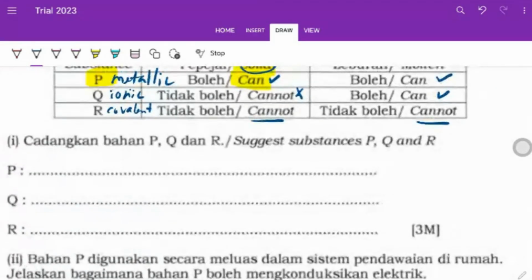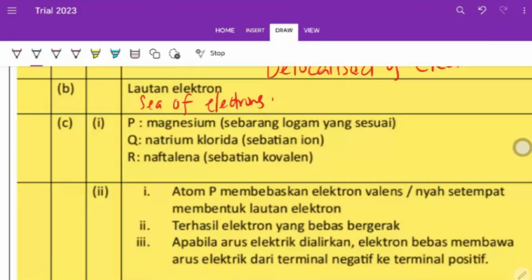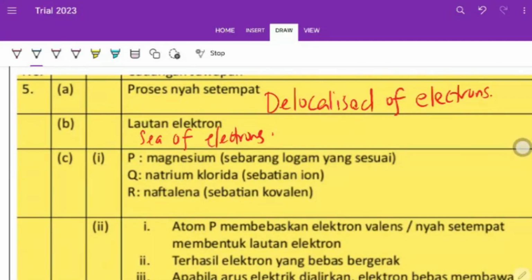So suggest P, Q, and R. Here, do we give the name or not? Yes, suggest the name. P can be magnesium or any metal, like calcium, magnesium, zinc, copper, all these can.